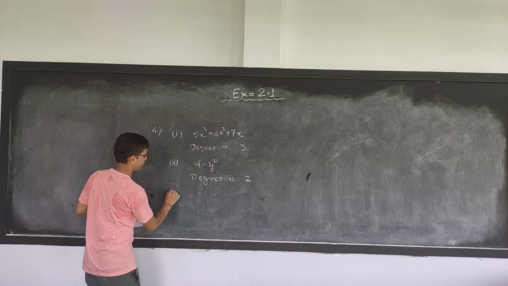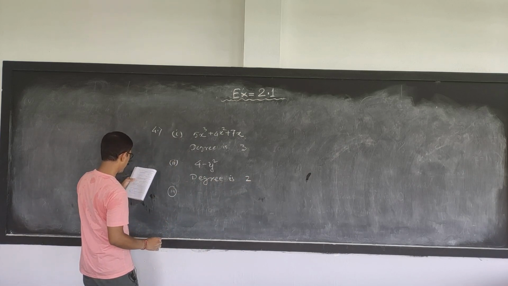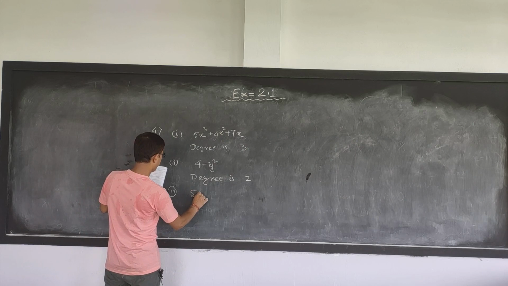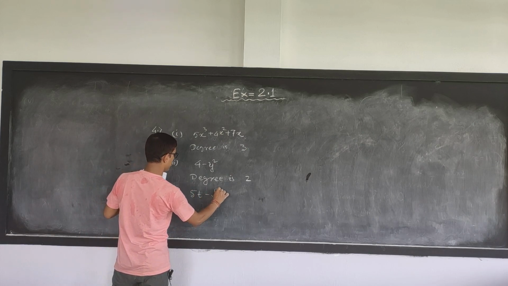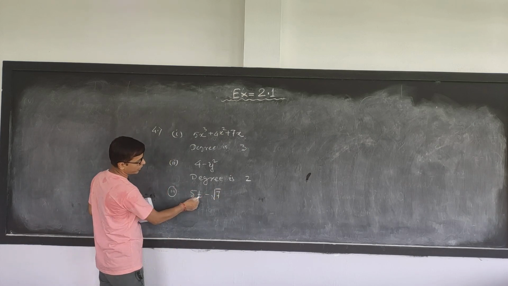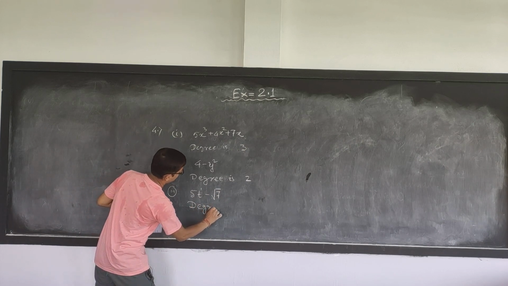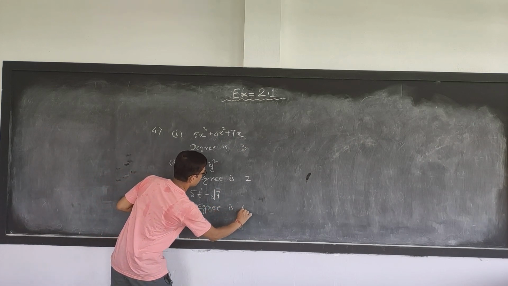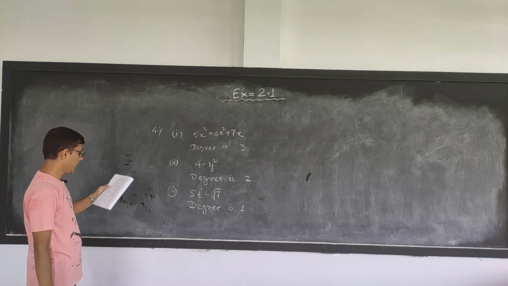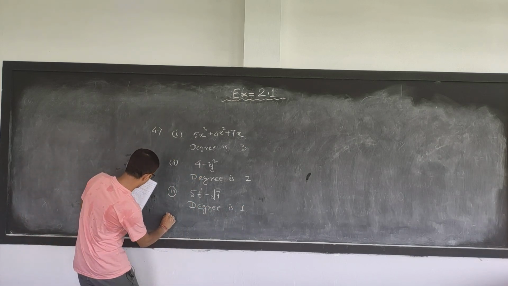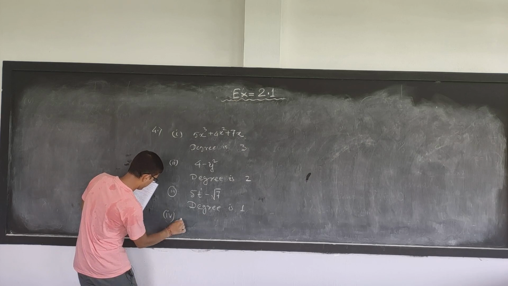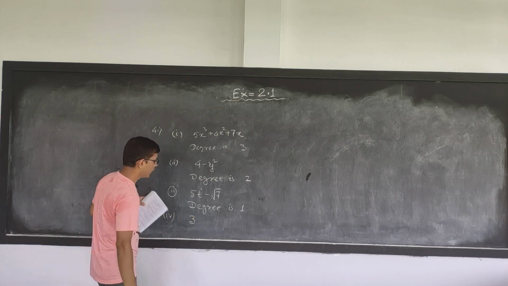Then the third one is 5t minus root over 7. What is the highest power on the variable? That is 1. So the degree is 1. And the last one, what is the degree?